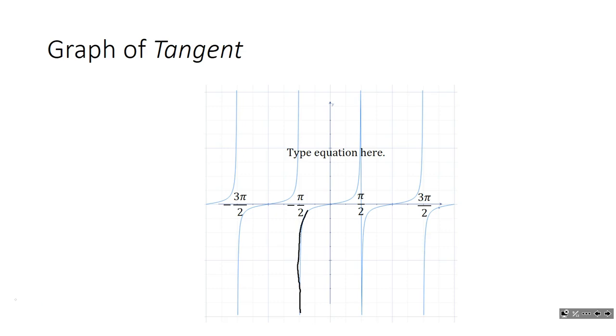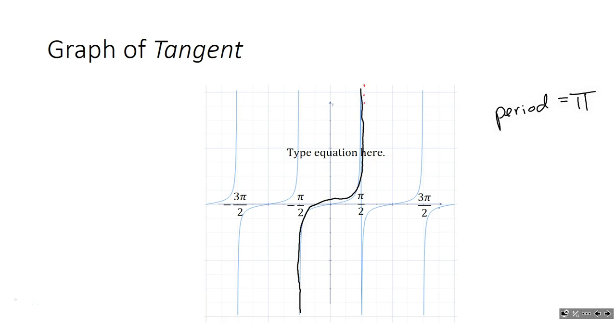In other words, just one period of this graph could be what you get between negative pi over 2 and pi over 2. That gives a period equal to pi. We also have a frequent occurrence of what we call a vertical asymptote.